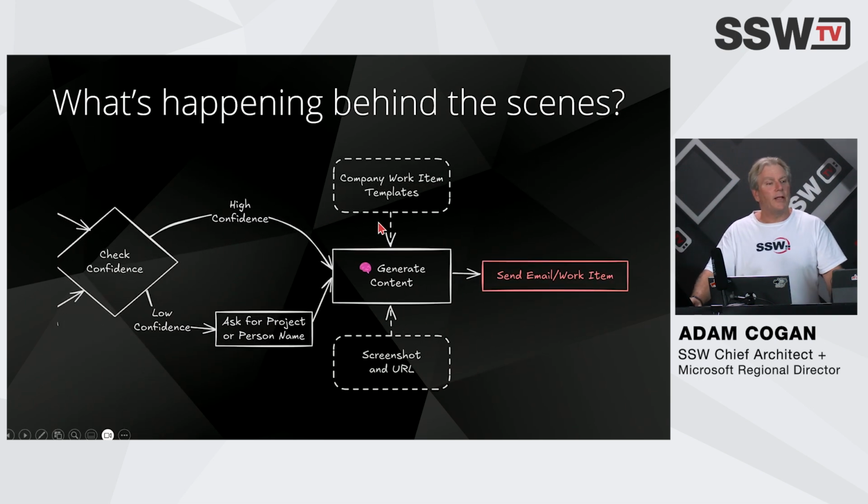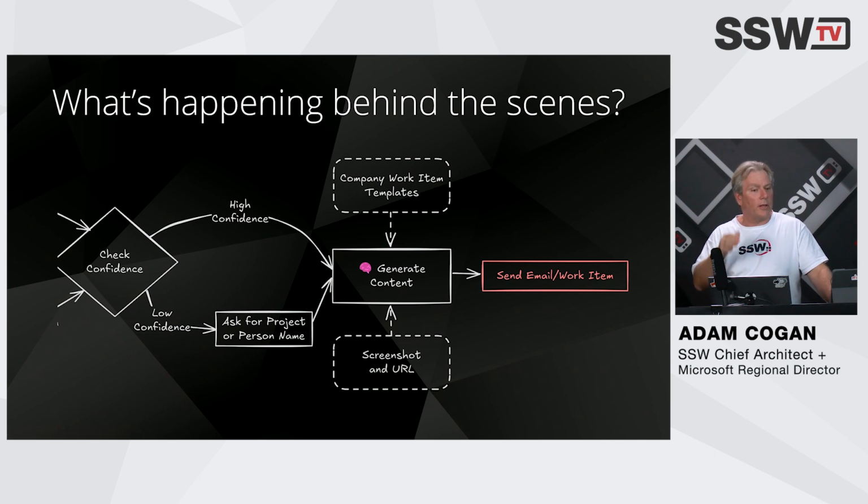So then it pulls in the templates. Now, in our case, we have a rule on work items and how they should be structured. Every PBI that we make has the pain, the problem, and then it has acceptance criteria. And we also usually put an image in there to show what we were looking at, something like that.